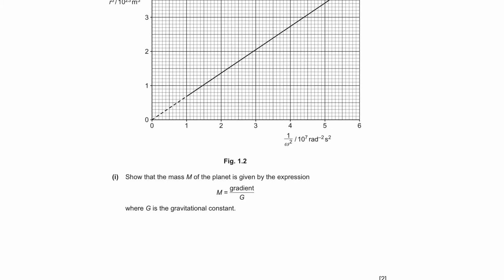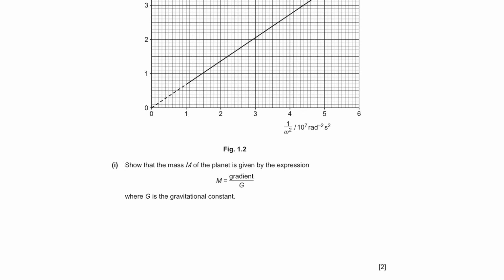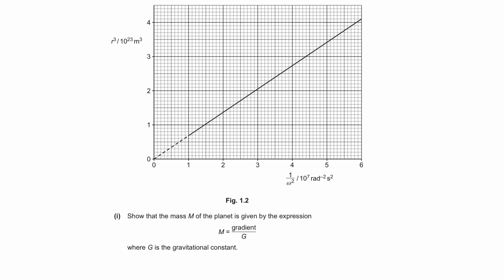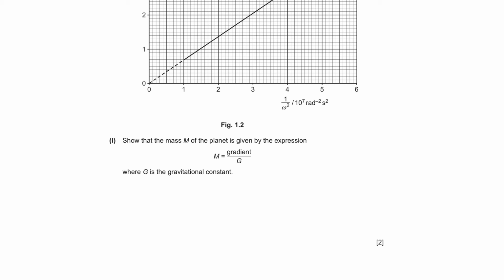Now, how do you get this equation? We basically need an equation that links the radius with the omega and has mass, because that is the only way we'll get gradient. Now, we've already said that for this moon in circular motion, the centripetal force is provided by the gravitational force.